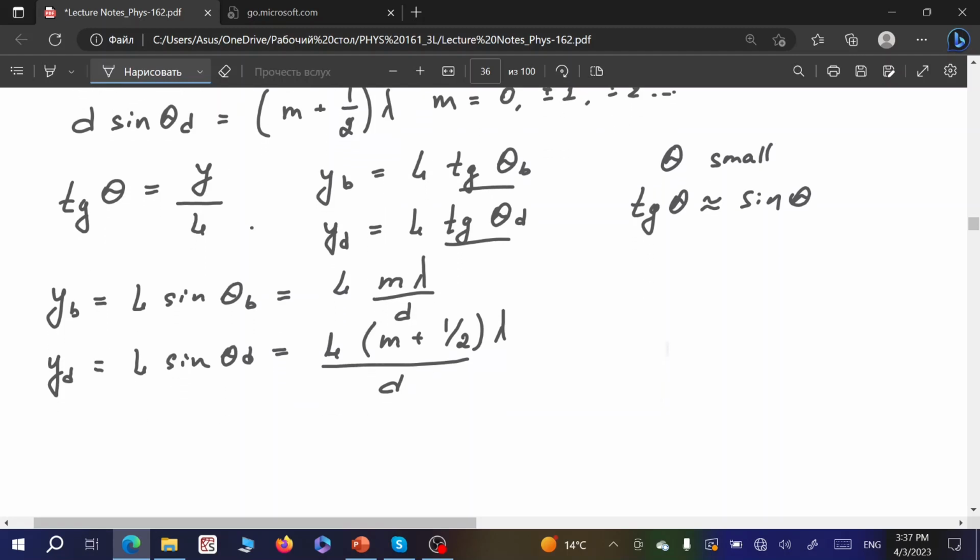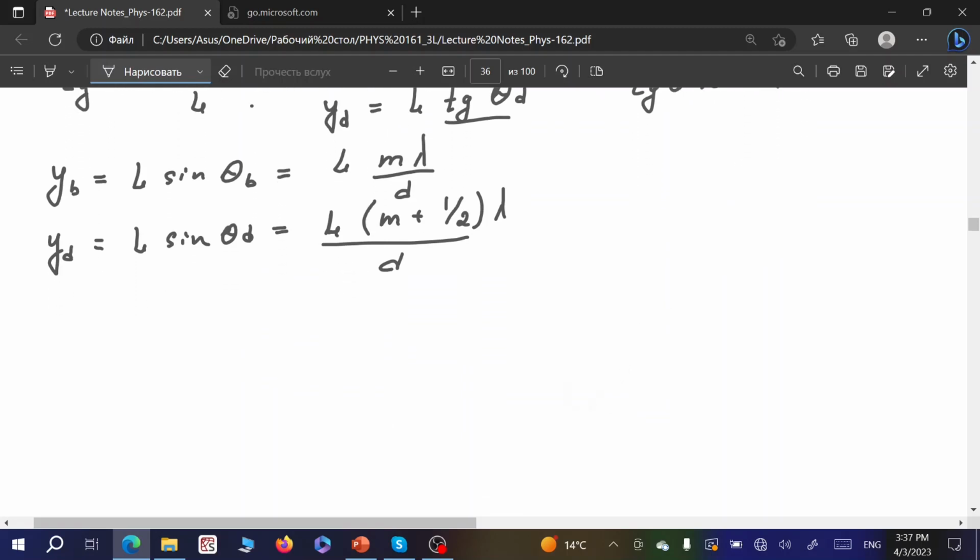So now we come to the question that actually it's not only dark and bright, but there is some light intensity distribution. In order to answer this question, let us consider two electromagnetic waves, in particular their electric field time dependence.